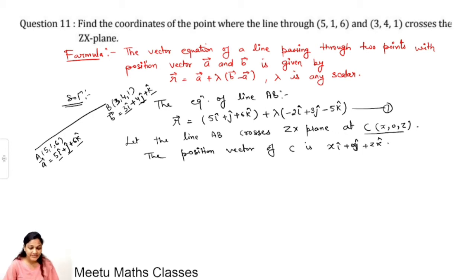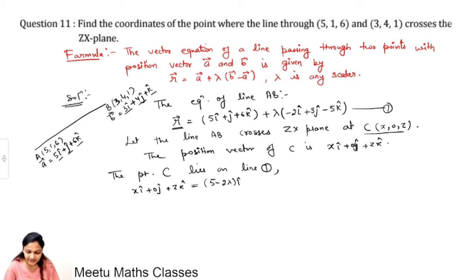Now this point C lies on line 1, so it must satisfy line 1. So replace r with xi plus 0j plus zk is equal to 5 minus 2 lambda i, 1 plus 3 lambda j, and 6 minus 5 lambda k.